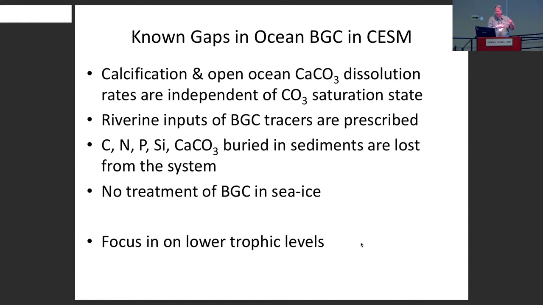And we do have a bit of a loss of terms that get buried in the sediment, just get lost from the system. We're not tracking BGC in sea ice, and we're focusing primarily in CESM on lower trophic levels. So the model that's in CESM is primarily focused on the global carbon cycle at the lower trophic levels. There's work ongoing to connect our model to fisheries for future versions of CESM.